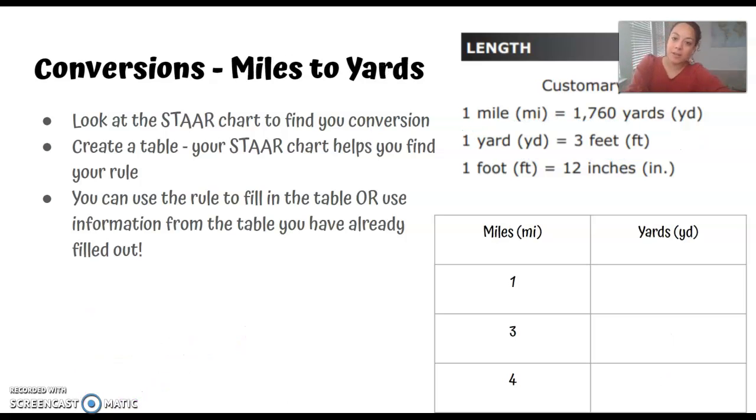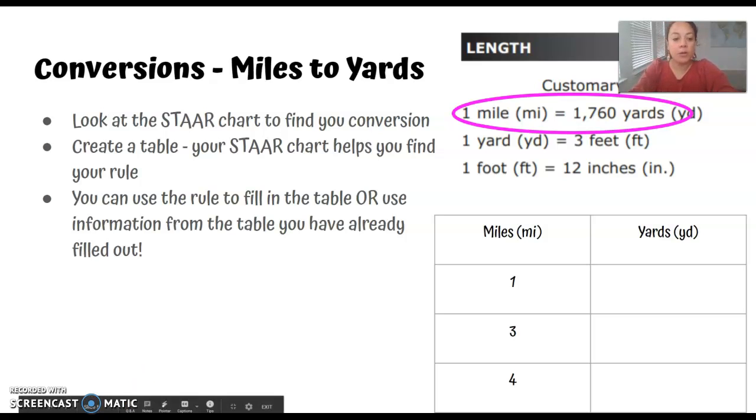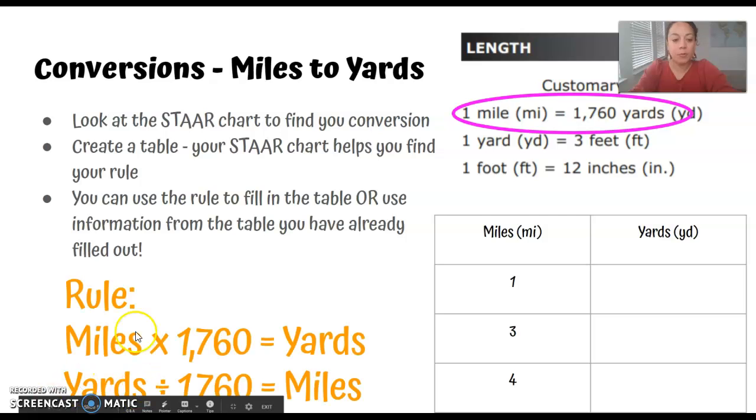And our final one, miles to yards. Let's look at that star chart again. 1 mile equals 1,760 yards. There's no easy way to do that. You just got to remember it. Okay? So when we're converting, the same rule applies. Miles times 1,760 will give us the number of yards in a mile.